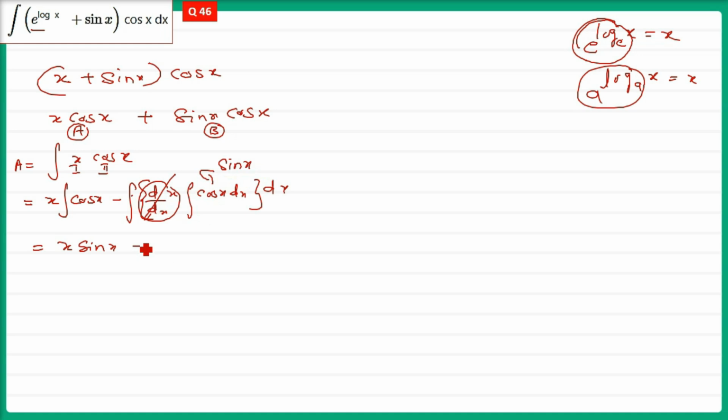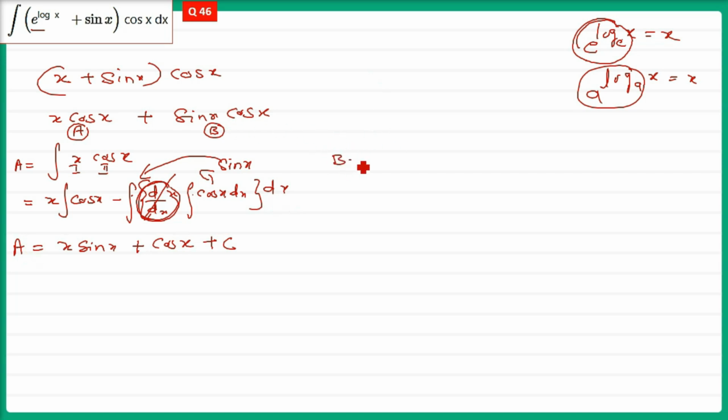So integration of sin x will be negative cos x. So minus minus plus, that is why I have written plus cos x. This you have to do in separate steps. I have just combined them because I am explaining how this integration will come out, and then along with the constant of integration. So a is this one, already done.